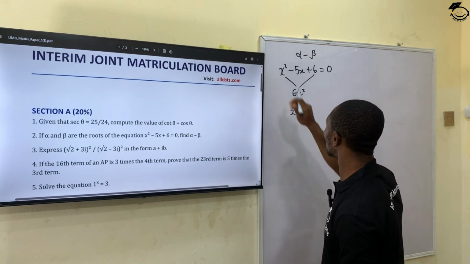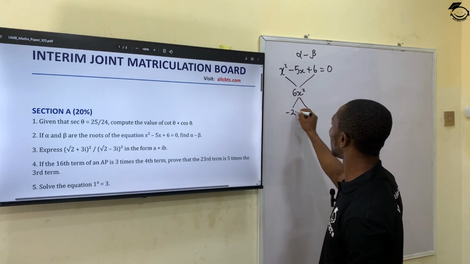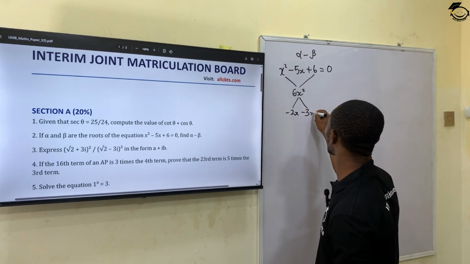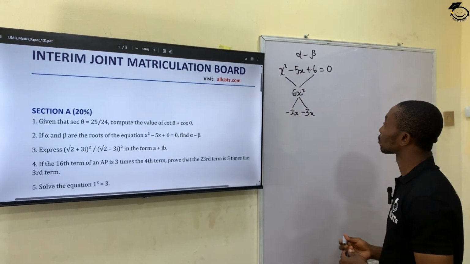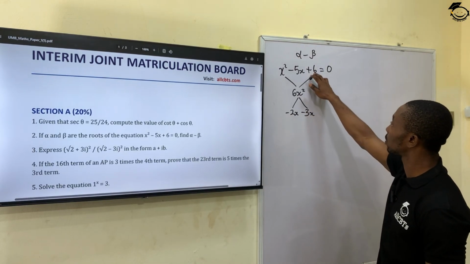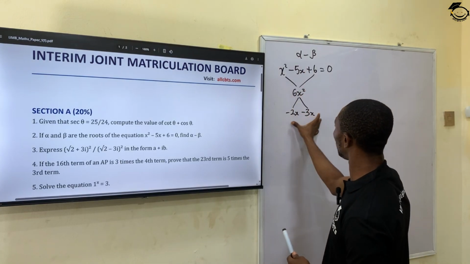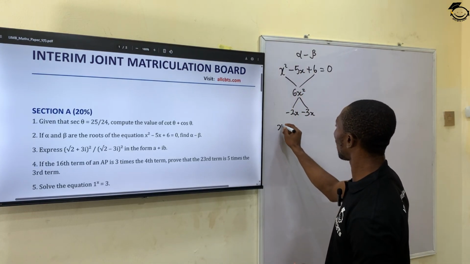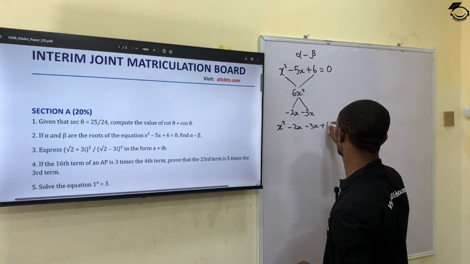Okay? Now, since we are having a minus 5 and a positive 6, this will be minus 2 minus 3. Minus 2 plus minus 3 will give us a minus 5, and a minus 2 times minus 3 will give us a plus 6. So, replacing minus 5 with this, we are going to have x squared minus 2x minus 3x plus 6 equals 0.